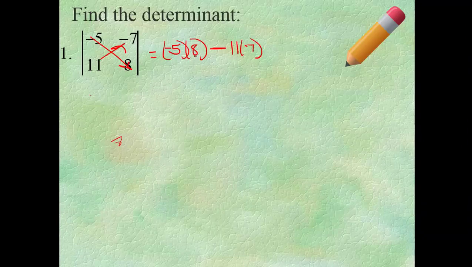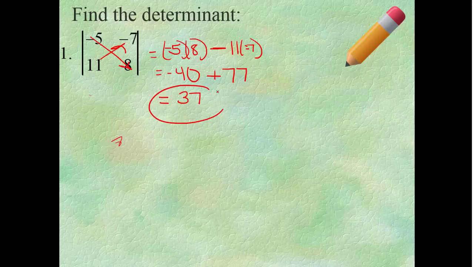All right, -5 times a positive 8 is -40 minus 77, because 11 times -7 is -77, so minus -77 is plus 77. There we go, and that is a positive 37. So the determinant of that matrix is 37.